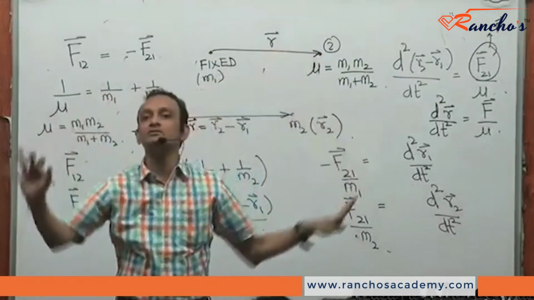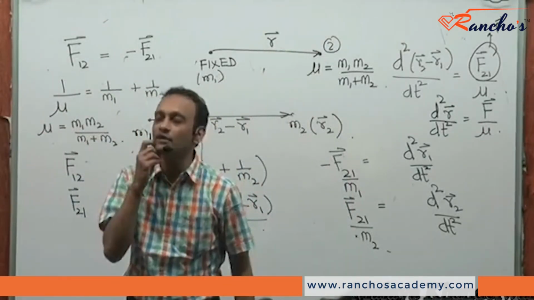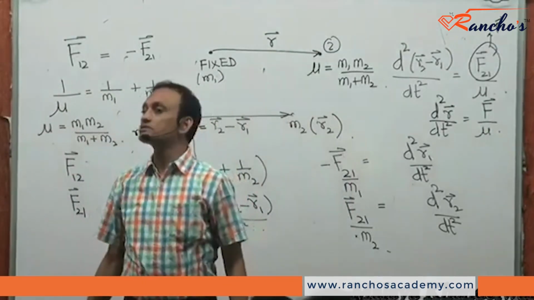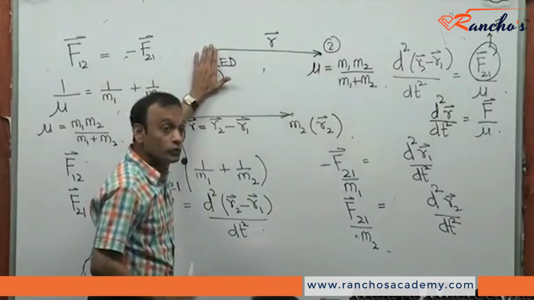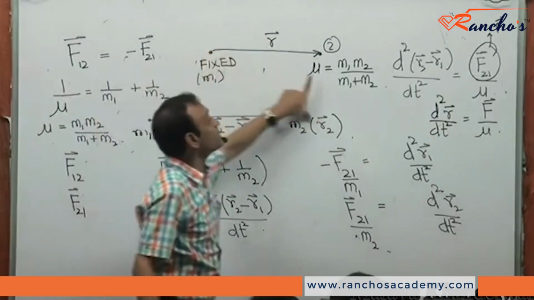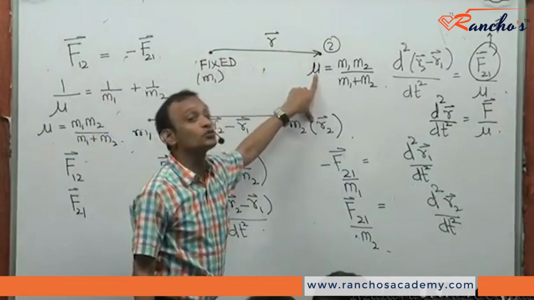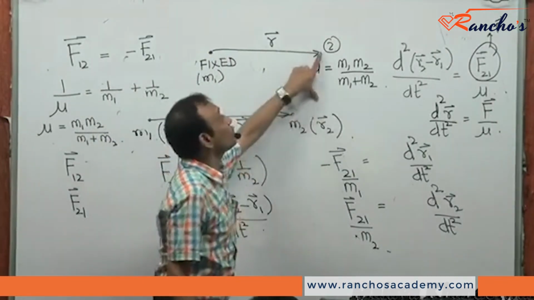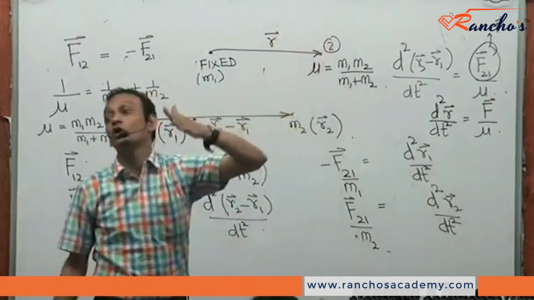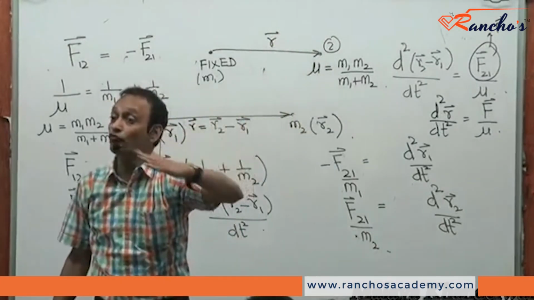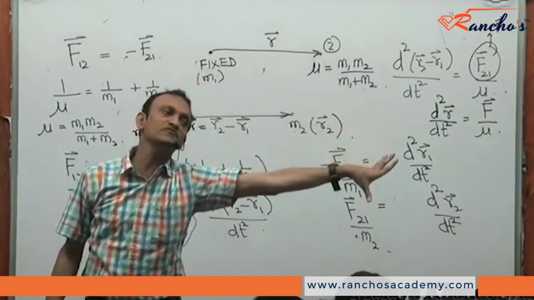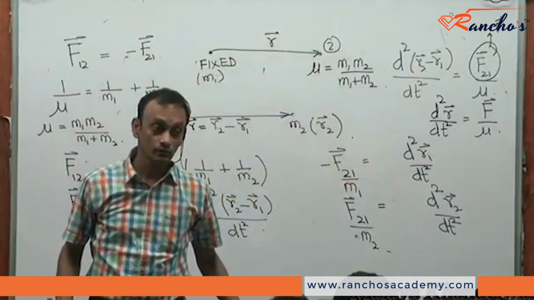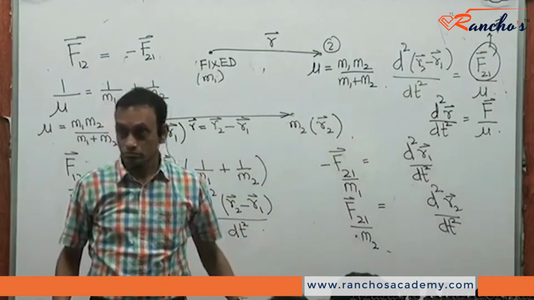That means this entire system, for the sake of applying all the principles and conservation laws that we have learned, could be reduced to a single particle imagined to be fixed, and the other particle imagined to have a mass equal to the reduced mass of the system, and all the velocities and accelerations of 2 would be relative velocities and relative accelerations as perceived by the observer 1. Yes or no? In a very general sense? True?